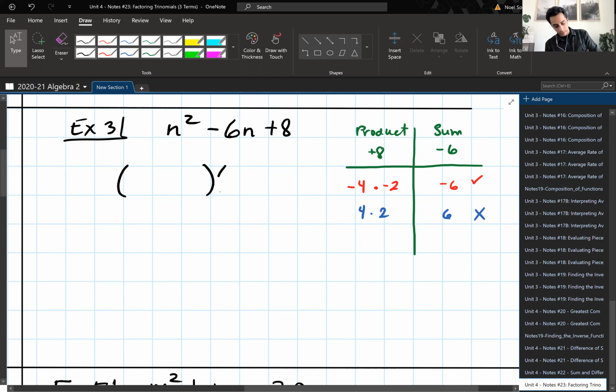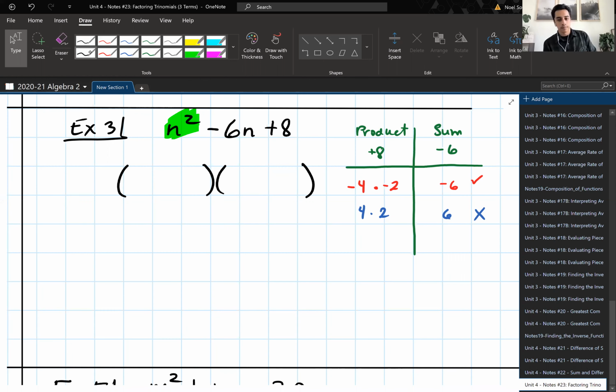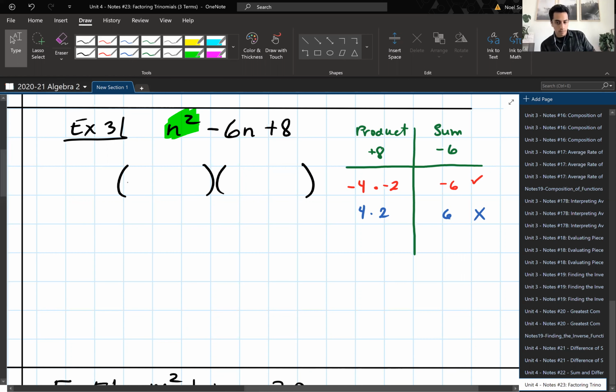So let's factor this. What's the only way I'm going to get n squared? There you go, n times n. So you fill in, okay?